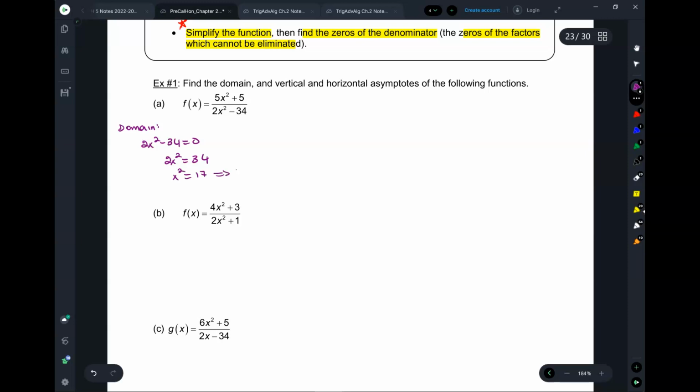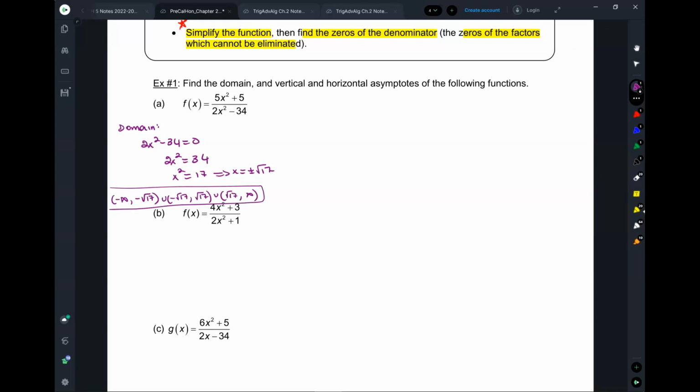So x is plus or minus root 17. So the domain is all numbers except for these. It's negative infinity to negative root 17, negative root 17 to root 17, root 17 to infinity. That's the domain. Questions?